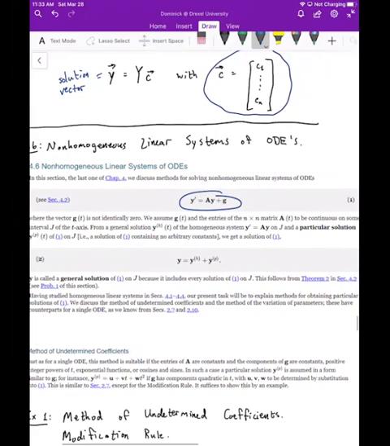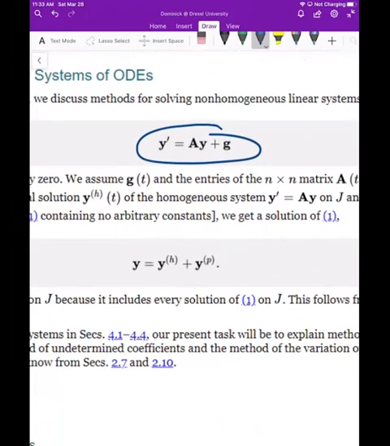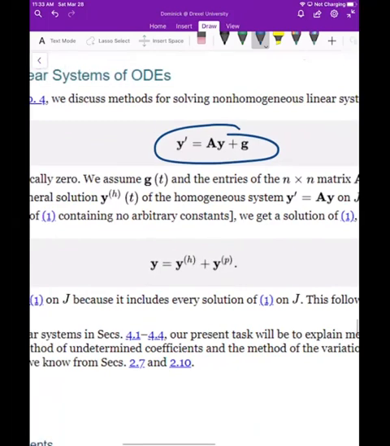So what we're going to do is essentially find the solution in a similar way that we did for the single equation version, right? To find a general solution for a non-homogeneous ODE, that's going to be comprised of the solution for the homogeneous part, and of course the particular solution.